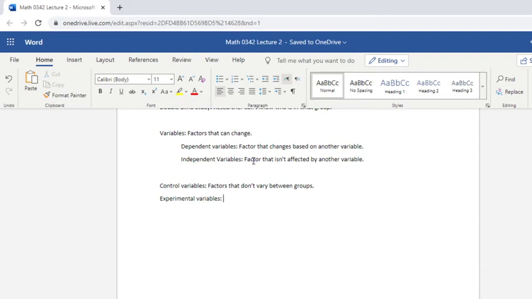So, again, with the plants, if we give the fertilizer to one set of plants but not the other set, that is an experimental variable.